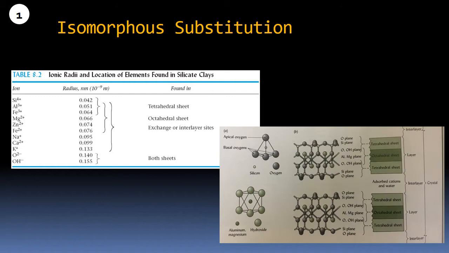It can also happen at the interlayer space between the layers. In this case, what you see is a 2-to-1 clay type, and as you can see, exchange can also happen between the layers, because you also have tetrahedral sheets.